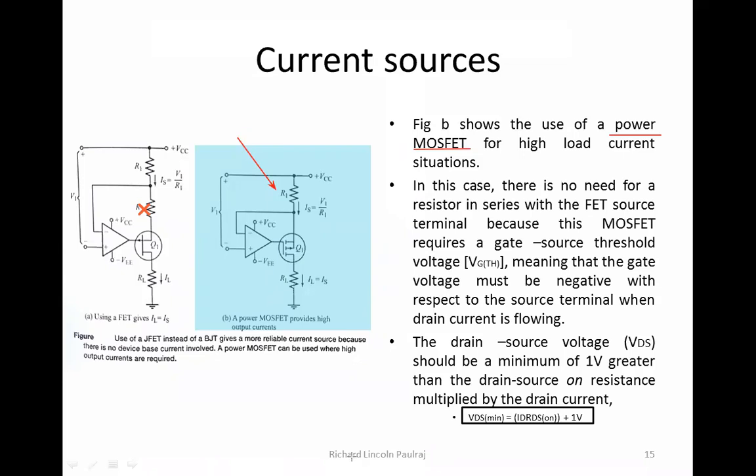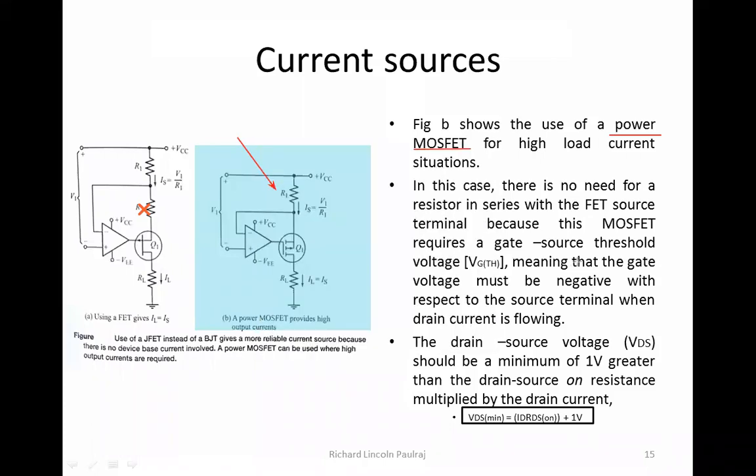What is the threshold voltage? The minimum voltage needed to allow the flow of electrons, which means we are trying to turn on the transistor, when the device actually turns on.